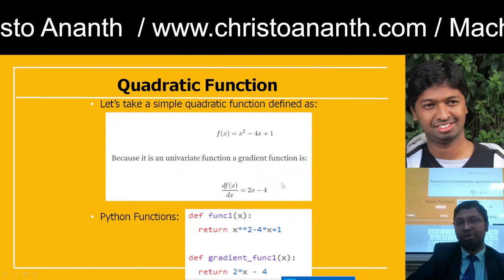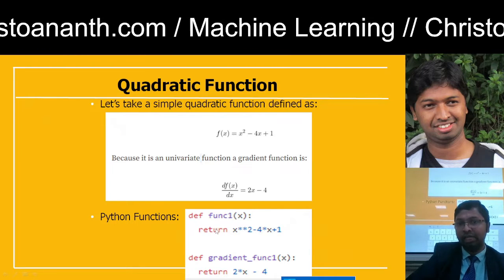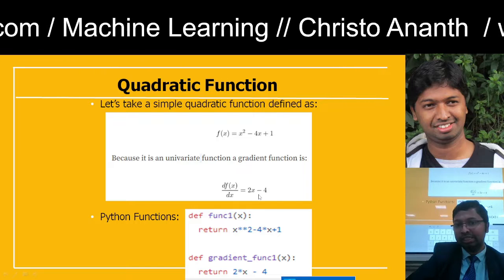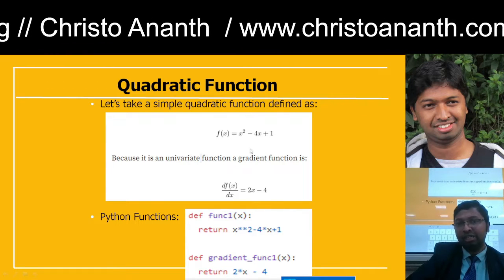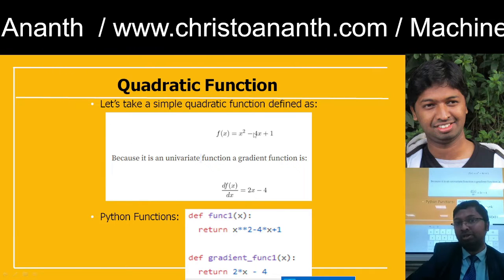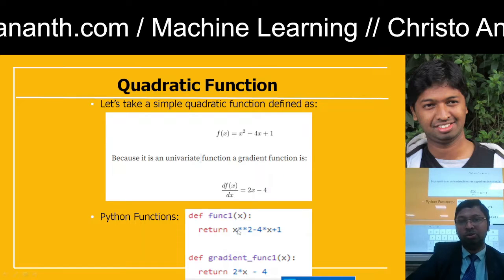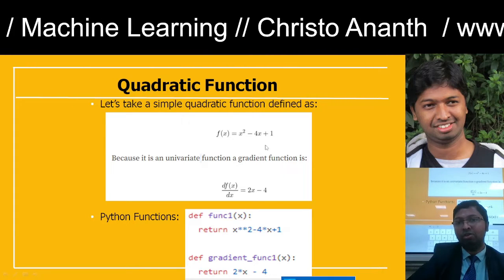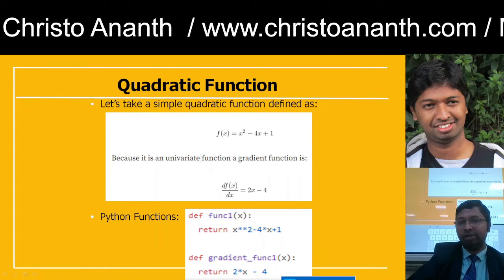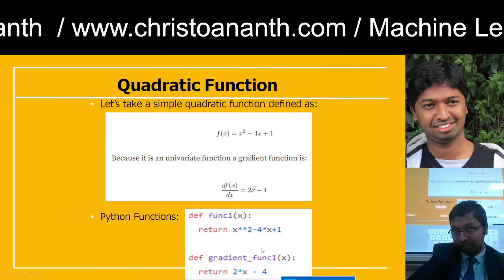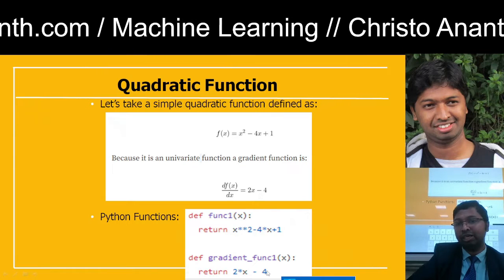So here in Python, you have to define the function f1 of x and return x star 2, minus 4 multiplied by x plus 1. Then you define the gradient of the function, gradient 1 of x, which is nothing but return 2 multiplied by x minus 4.